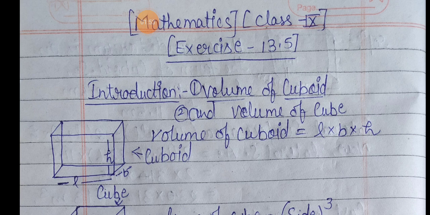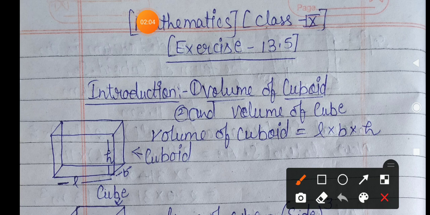Now we have to tell you the formula of the volume of a cuboid or a cube. This is the formula of the volume of a cuboid. The formula is L into B into H. You very well know this is your shape.